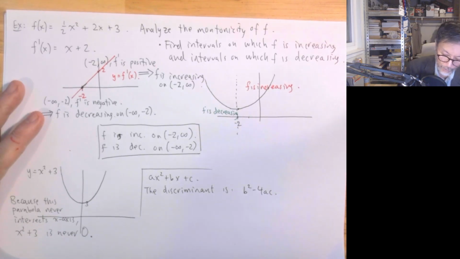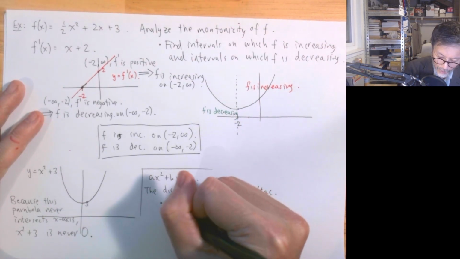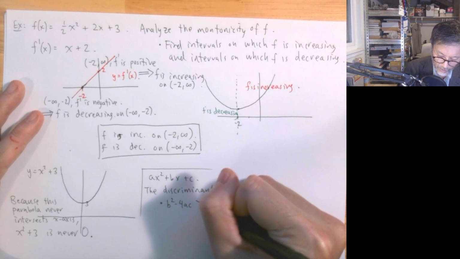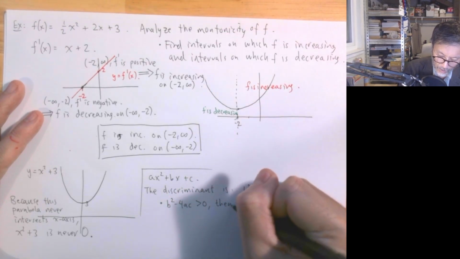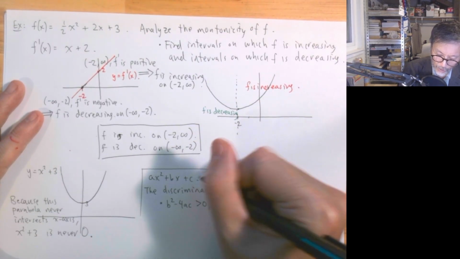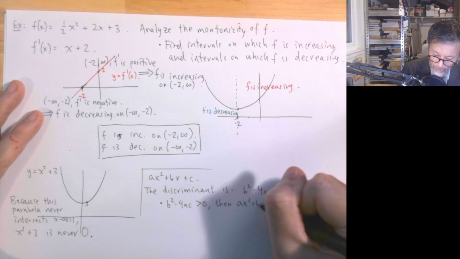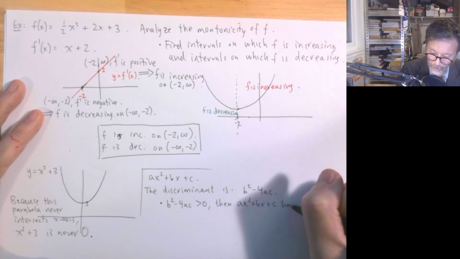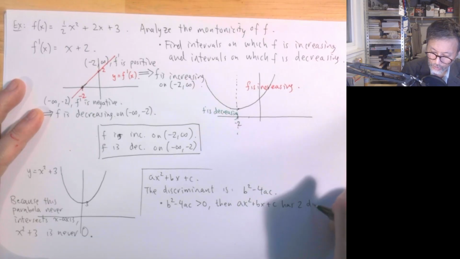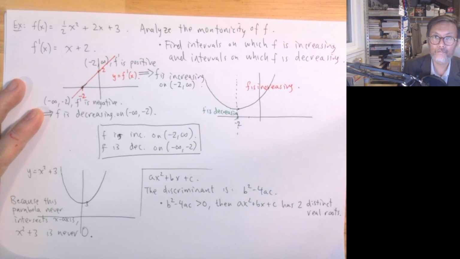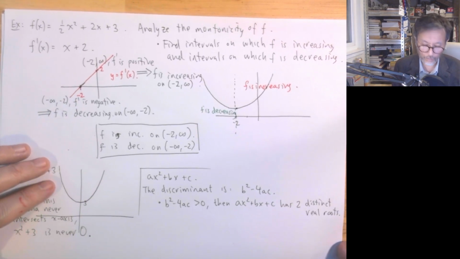Now remember that if b squared minus 4ac is positive, then the quadratic polynomial has two distinct real roots. Remember this from your algebra class, I hope?